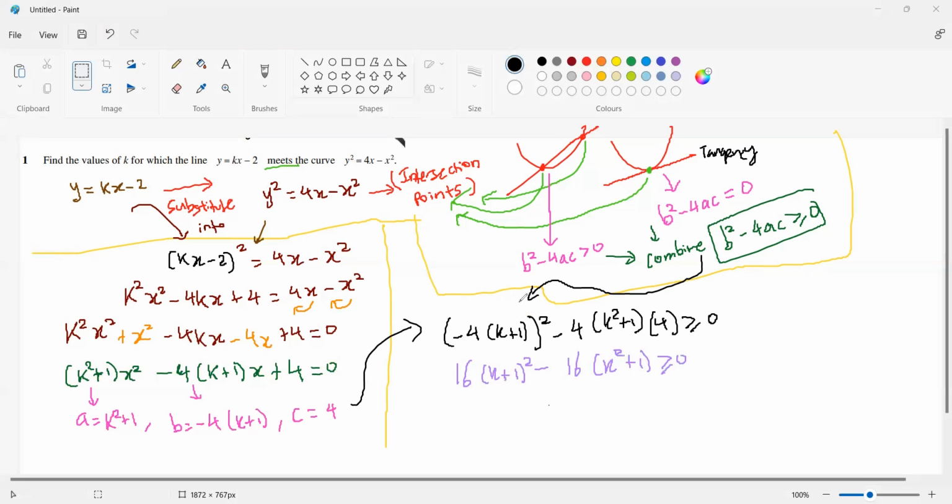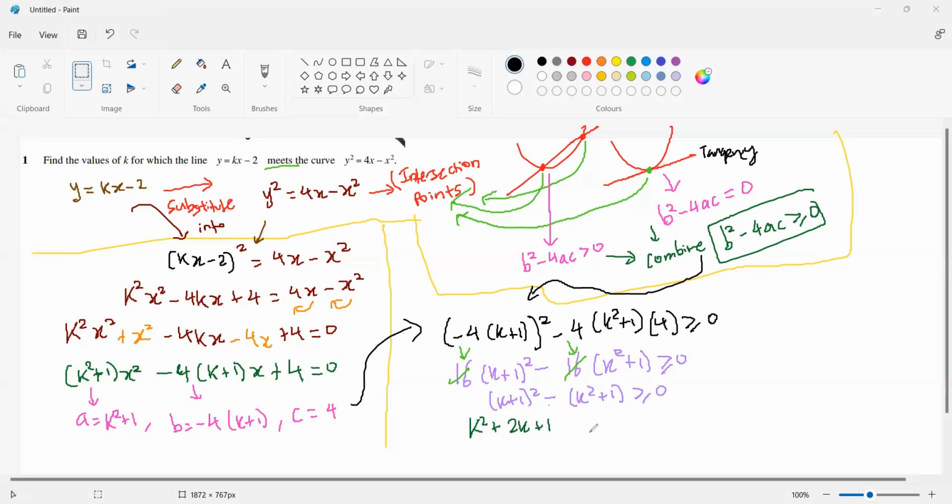So just the 2 16s you can cancel out because you can factor them out, since there are only 2 terms with a minus between them. After factoring and cancelling, we write it like a shortcut straight away, something like this. Now let's expand this part, please, and complete it. So this is k squared plus 2k plus 1.